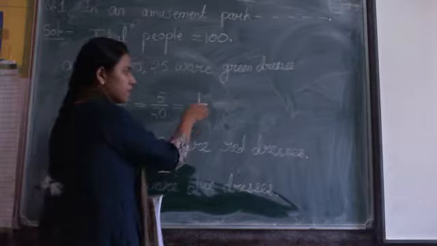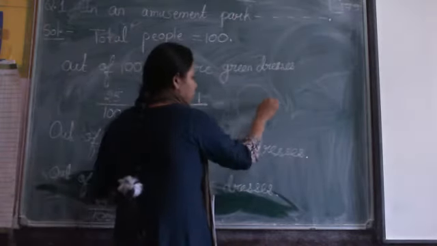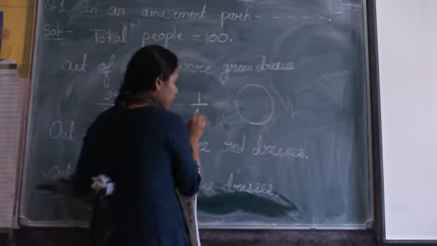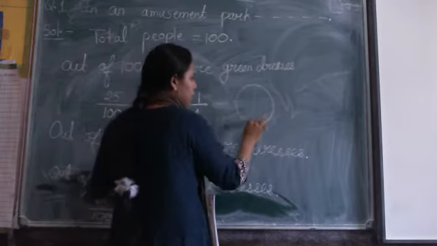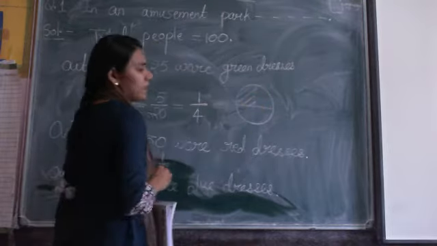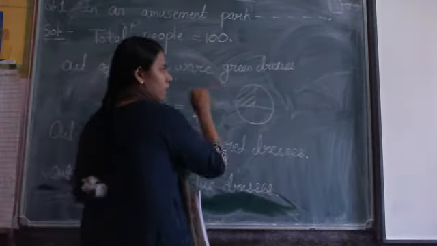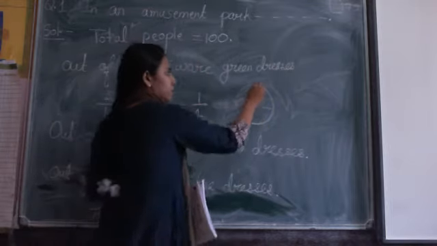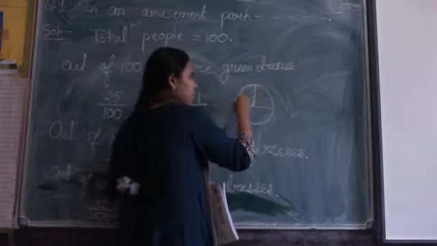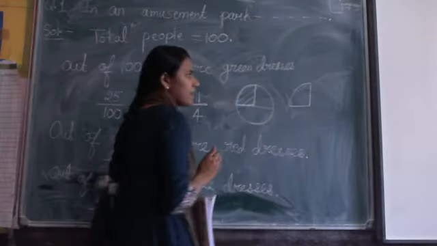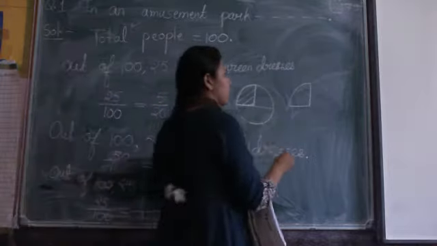If we have a circle, 1 by 4 means we will make a total of 4 parts of the circle and out of 4, 1 will be shaded. So this much part is represented by 1 by 4.